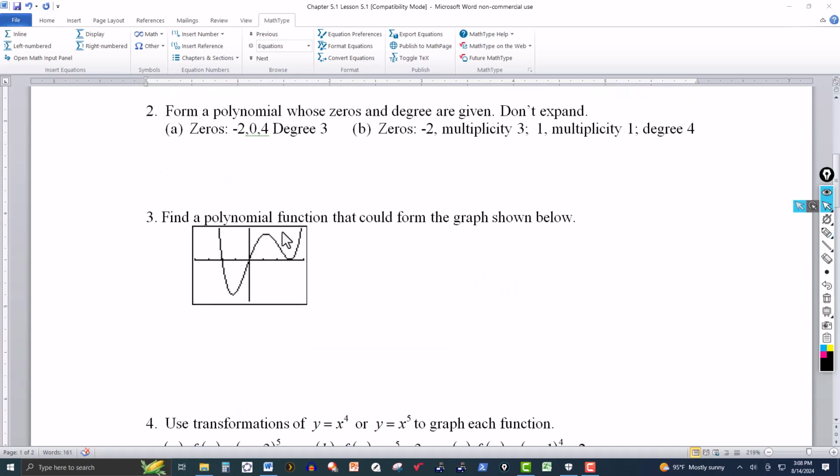Find a polynomial function that could form the graph below. So I'm going to name this p of x. Now if we look at this right here, this is the point 0, 0. It crosses right there, and this is 1, 2, that's at -2. So this one has zeros of -2 from this one here. And it crosses the origin, so another 0 would be 0. And you can see here, it touches the x-axis at that point right there.